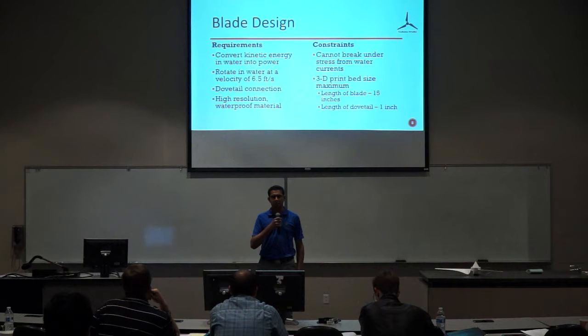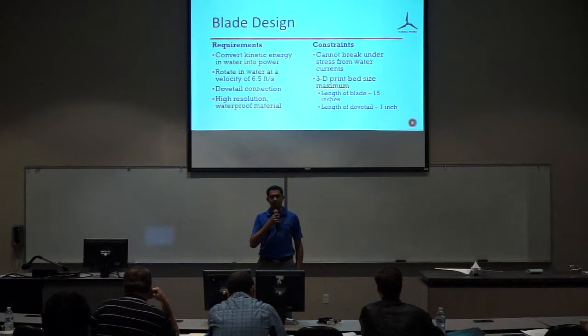The constraints for the blade design are that it cannot break under stress from water currents, and it must be able to print within the dimensions of the 3D printer, with the length of the blade being allotted 15 inches and the length of the dovetail being allotted 1 inch.